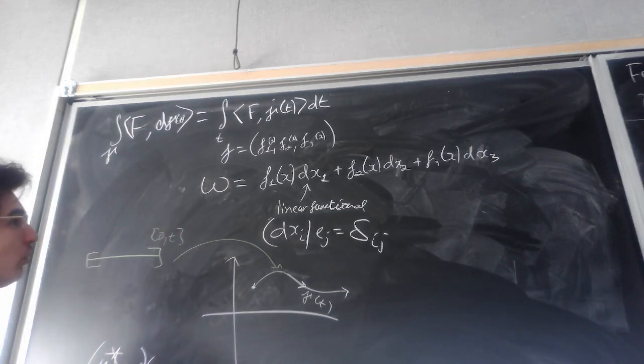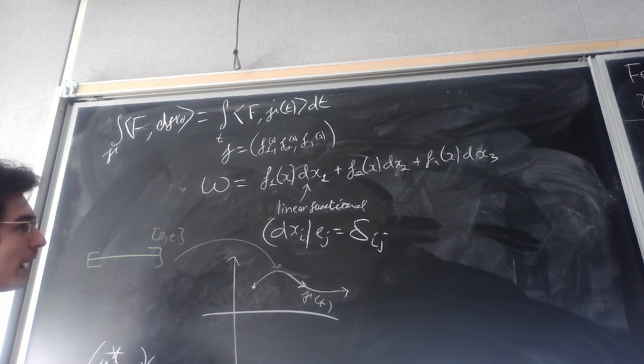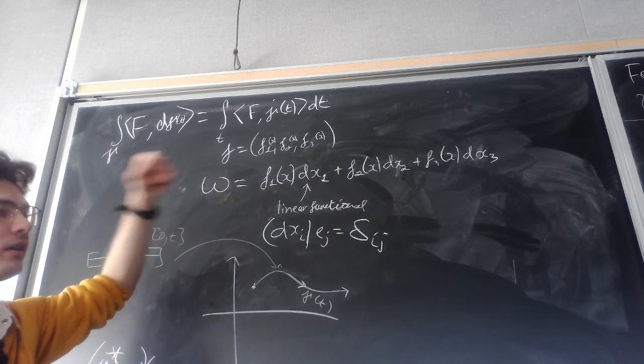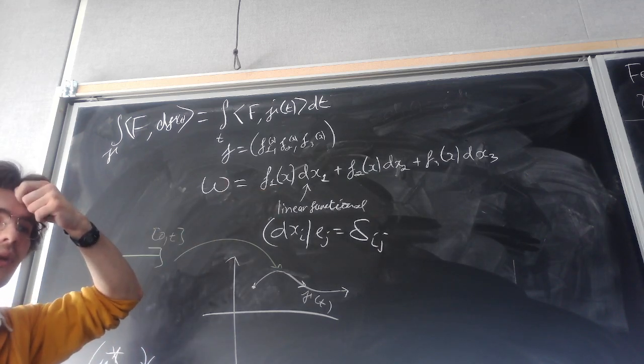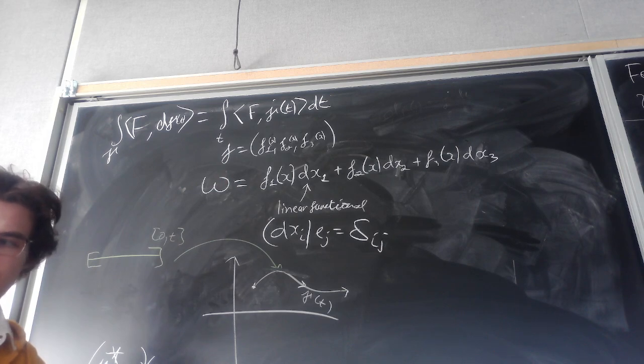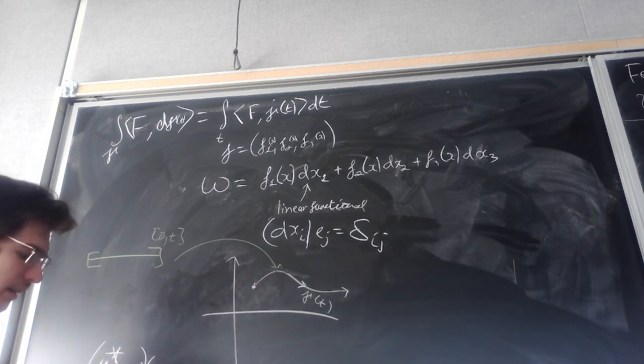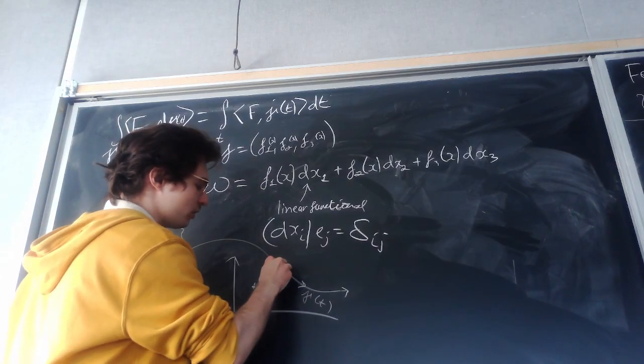And how do we do this? Well, we do this in the obvious way. Because, okay, what's dx1? Well, if I have a tangent vector, I'm only allowed to have tangent vectors here, right?